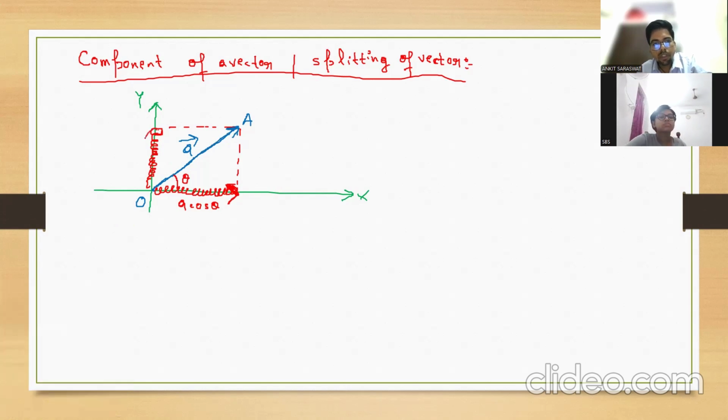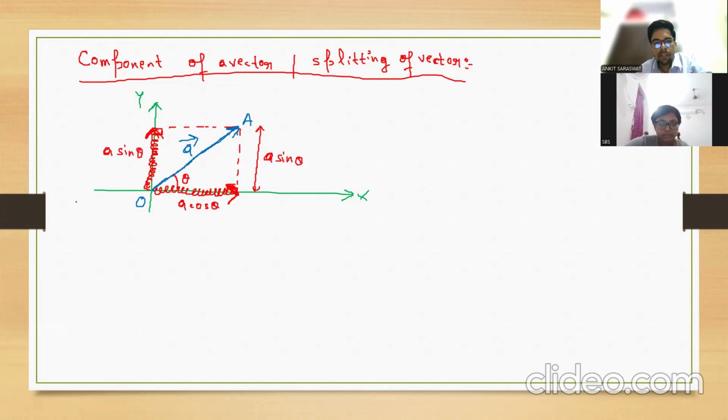One projection is moving in the y direction, one is moving in the x direction. Clear? So this is A cos theta, then this is what? This is A sin theta. And if this is A sin theta, then this is also A sin theta. Clear?